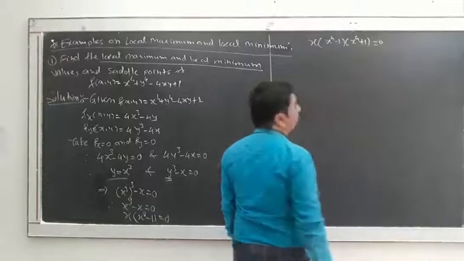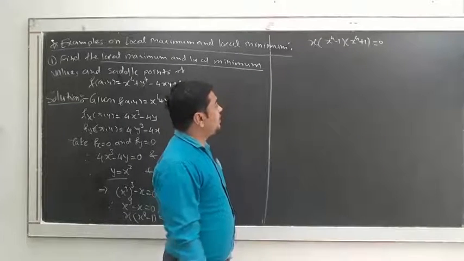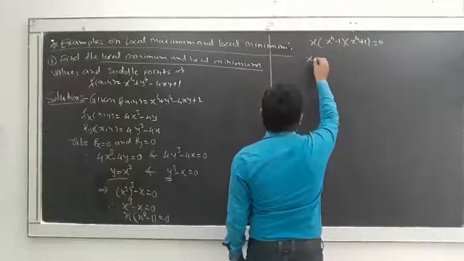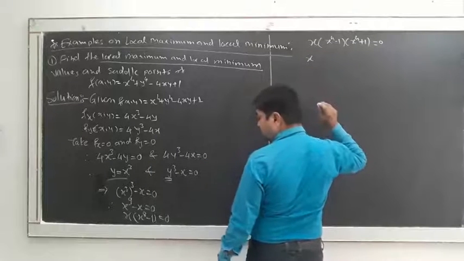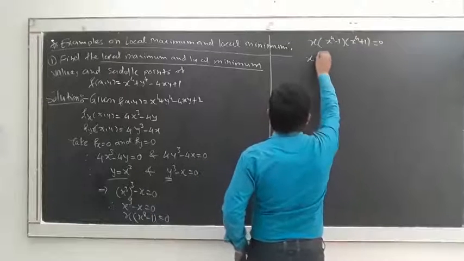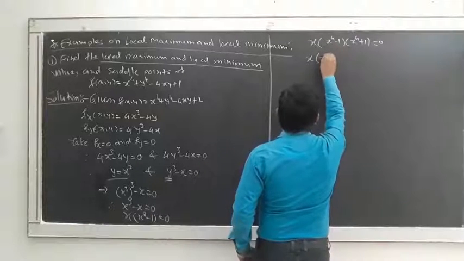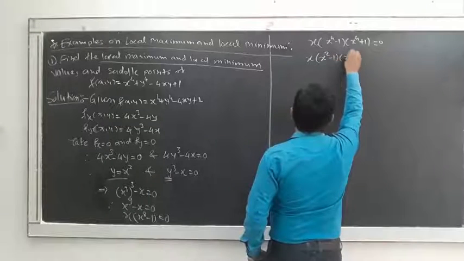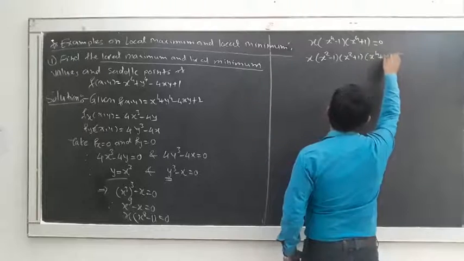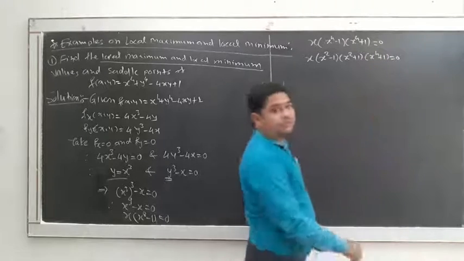Is it? Then what we have to find next? Again you can factorize this. x raised to 4 minus 1 should be x square minus 1 times x square plus 1, and x raised to 4 plus 1 is equal to 0.